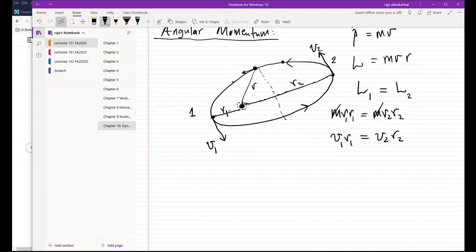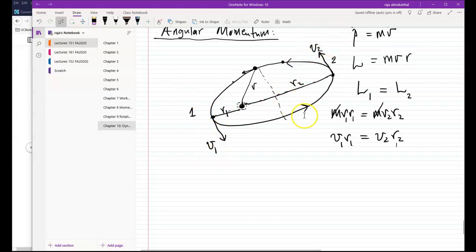All right, let's continue. So notice here at position 1 that r1 is very small compared to r2, where here r2 is very large compared to r1. Well, if the product r2 and v2 must equal r1 and v1, what can we say about v1 and v2?